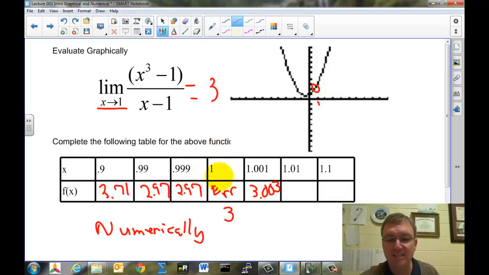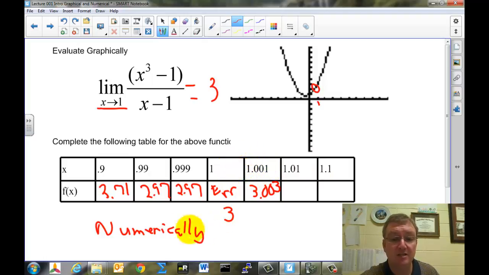But since we didn't get a number, we have to look on both sides. So anytime you're evaluating a problem numerically, you look at values close to what you're looking for, close to 1, but it has to be on the left side of it, 0.9, 0.99, 0.999, and on the right side of it, 1.1, 1.01, 1.001. So you're just getting closer and closer each time.